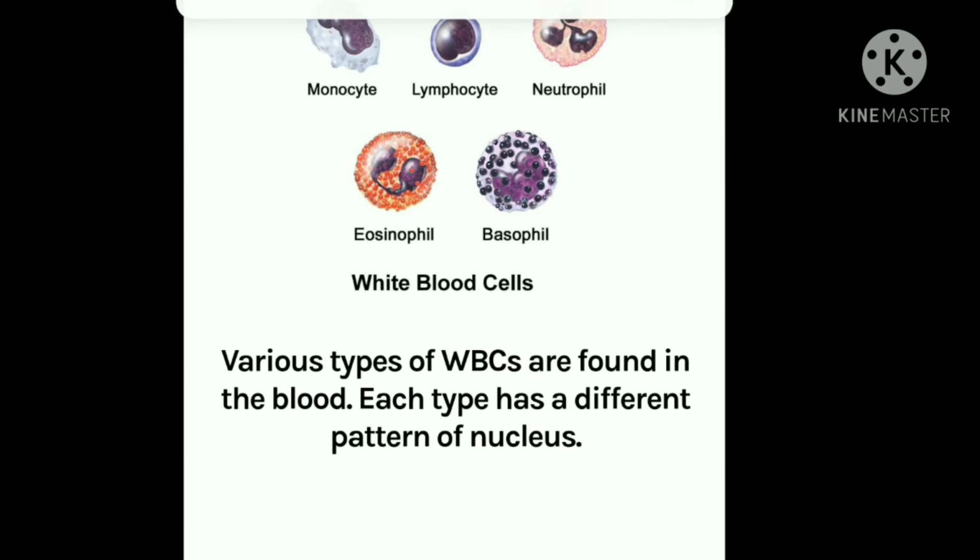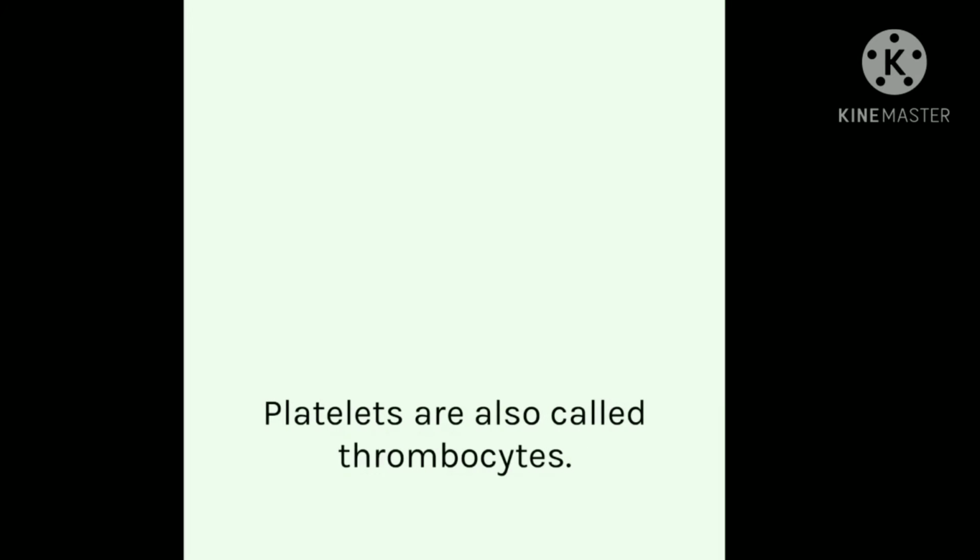Various types of WBCs are found in the blood. Each type has a different pattern of nucleus. Here you are able to see the white blood cells: somewhere only one nucleus, in some many nuclei, in some two nuclei. So there is a different pattern of the nucleus.